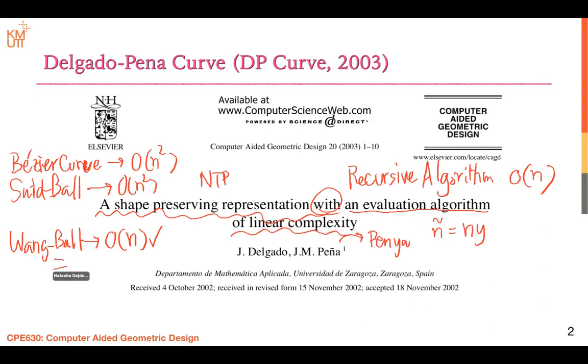Because Wang-Ball is not an NTP curve, if we could find a new polynomial that has linear time complexity for the evaluation algorithm, that must be very interesting. So that's why in 2003, when this paper was published, it was very popular and very famous at that time.